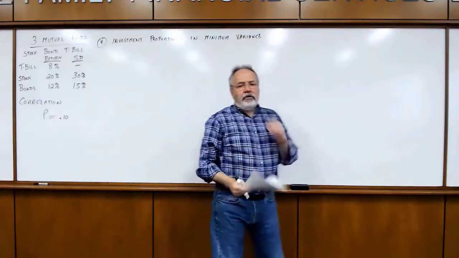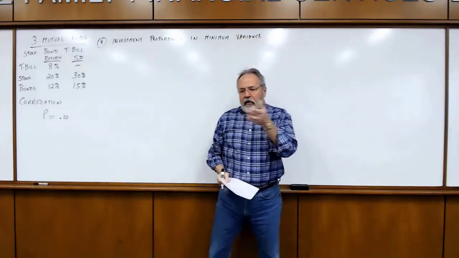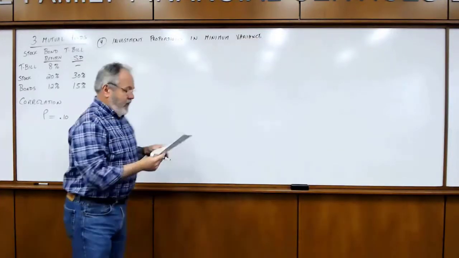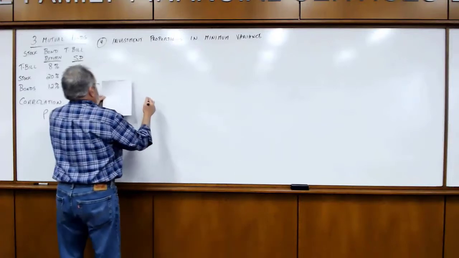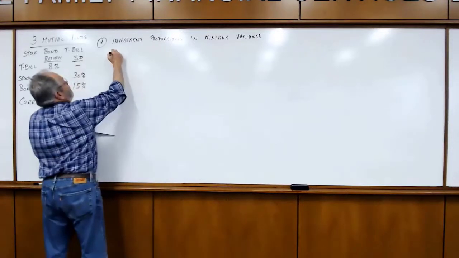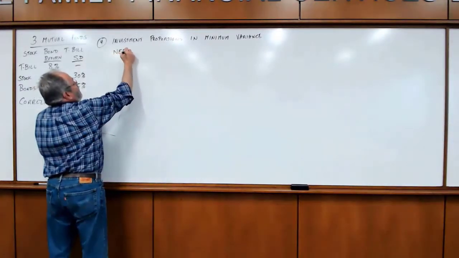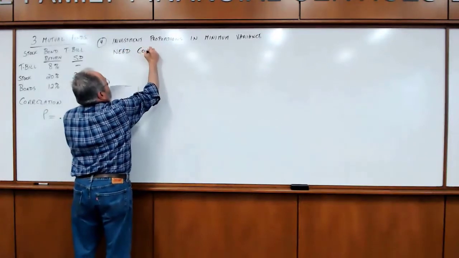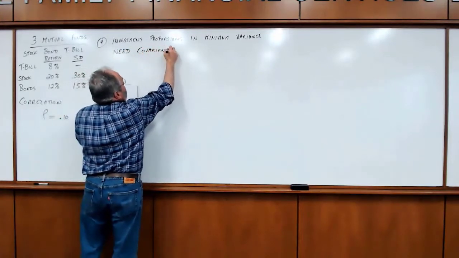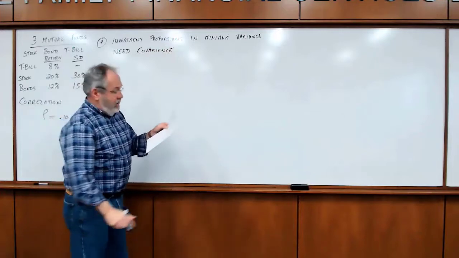The investment proportions in the minimum variance portfolio. I just did a review of that, right? We need covariance, right?